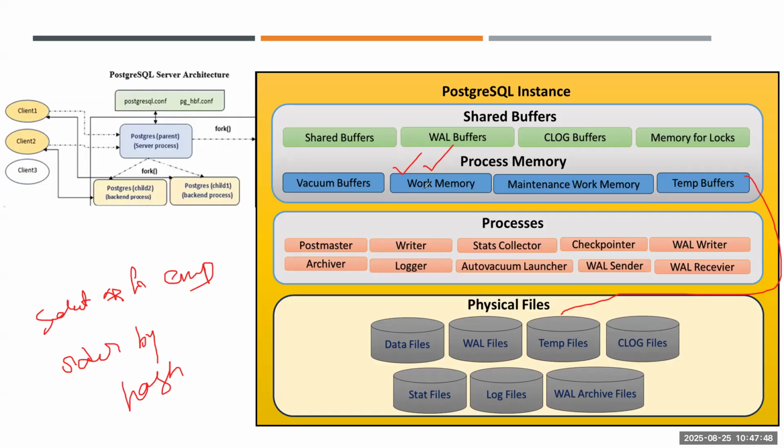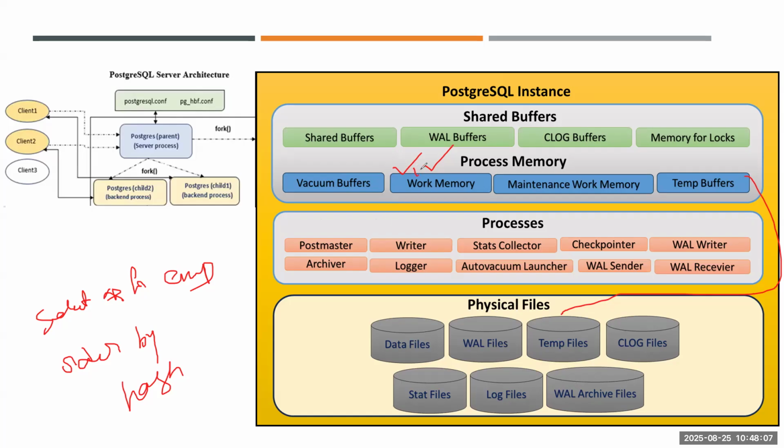Until Postgres 9.3, 1 MB is the default value. From 9.4, the default value is 4 MB, sir.